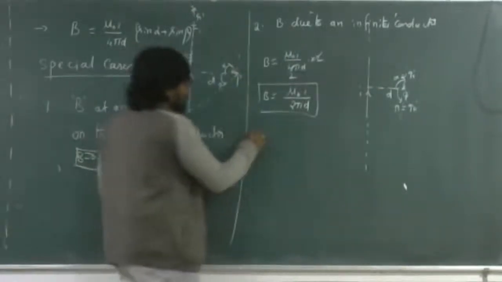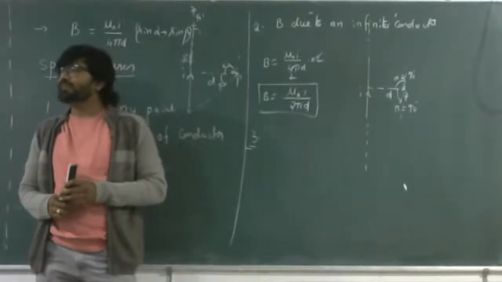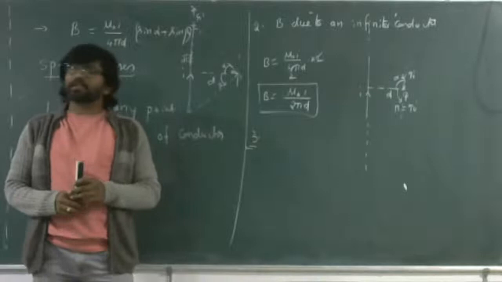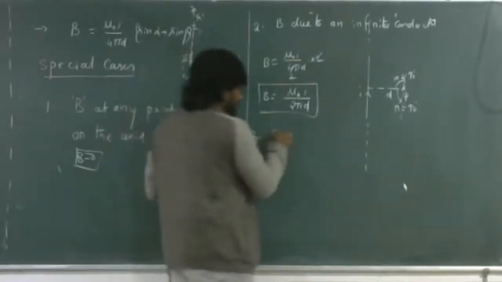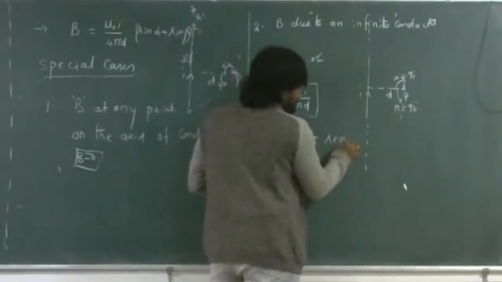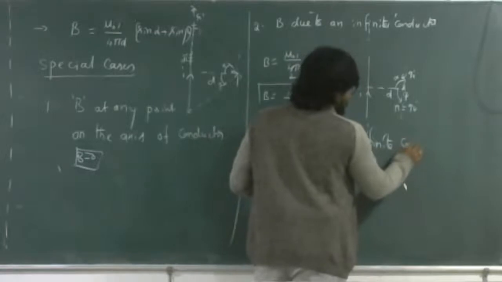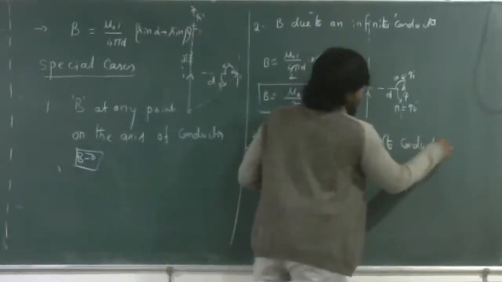The next one is the third case, magnetic field due to a semi-infinite conductor. B due to a semi-infinite conductor.